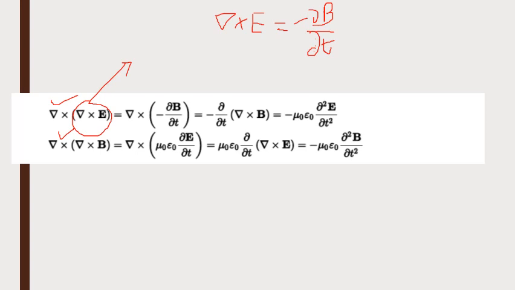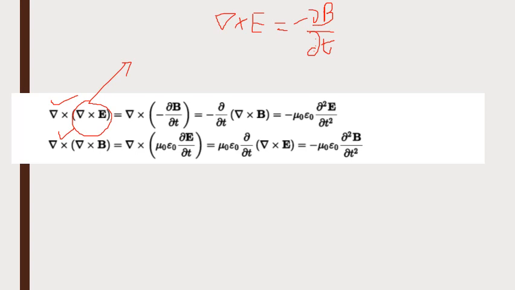In place of del cross B, you can use mu 0 epsilon 0 del E over del T. So you will get mu 0 epsilon 0 del 2 E over del T2 using the identity.